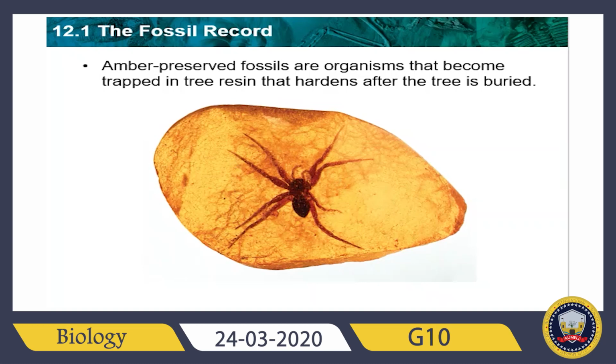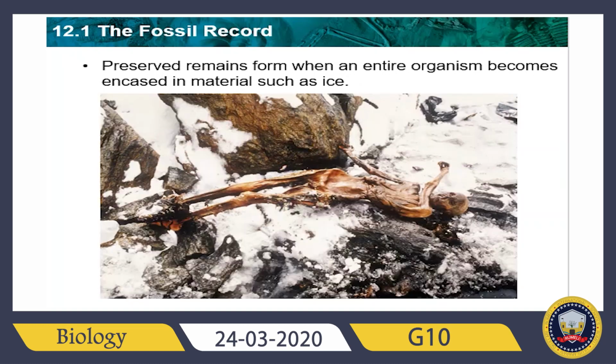So anyway, guys, the last way by which fossils will form is what? Through preserved remains. So preserved remains form when? They will form when an entire organism, as you can see here, becomes encased in material such as ice or volcanic ash, or immersed in rocks.